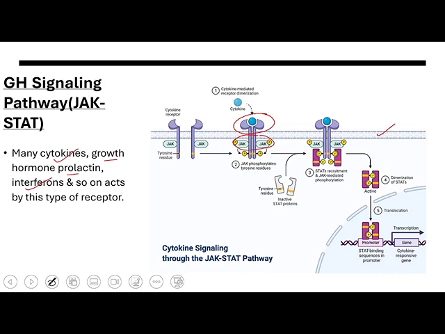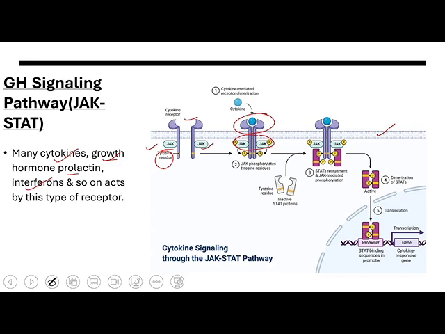First, they are at distant sites, and once these cytokines or prolactin hormone or growth hormone or any other things like the interferons bind to such receptors, this leads to the dimerization of the JAK, and also this leads to the phosphorylation of the tyrosine residues present in this receptor.